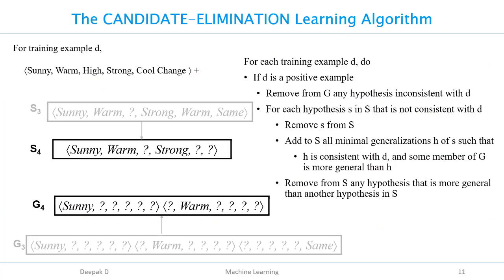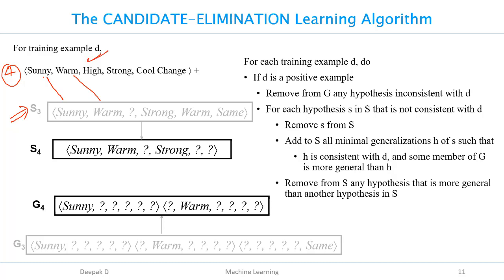Similarly, whatever we have performed with the first, second and third instances, we now do with the fourth instance. Here we need to check whether this S3 is consistent with this instance or not. Sunny is there, warm is there, here you have high. If I replace it with a question mark, this is acceptable.